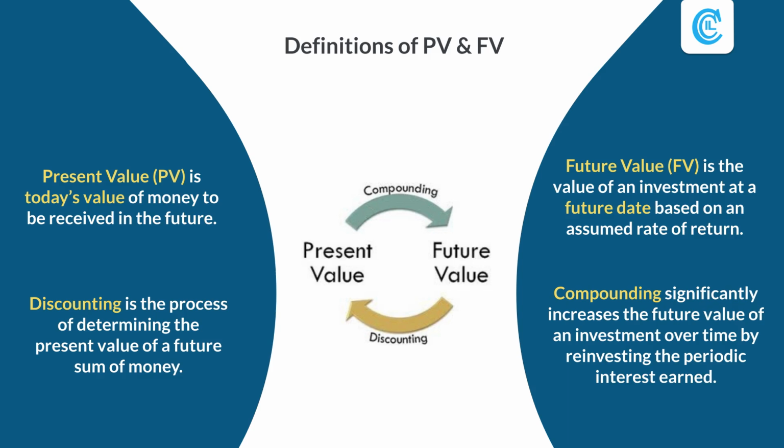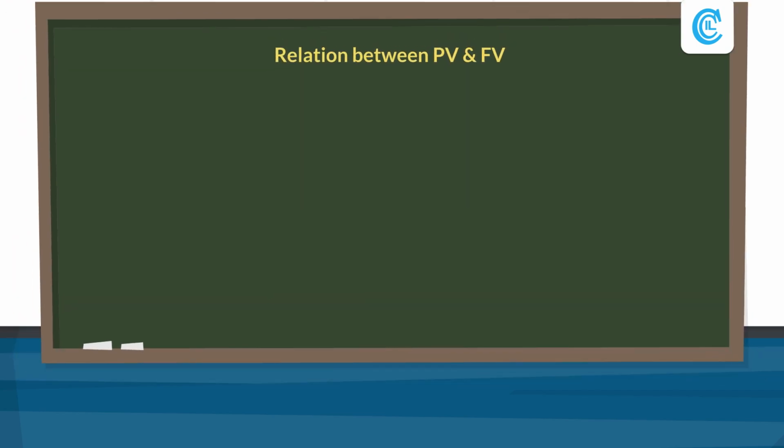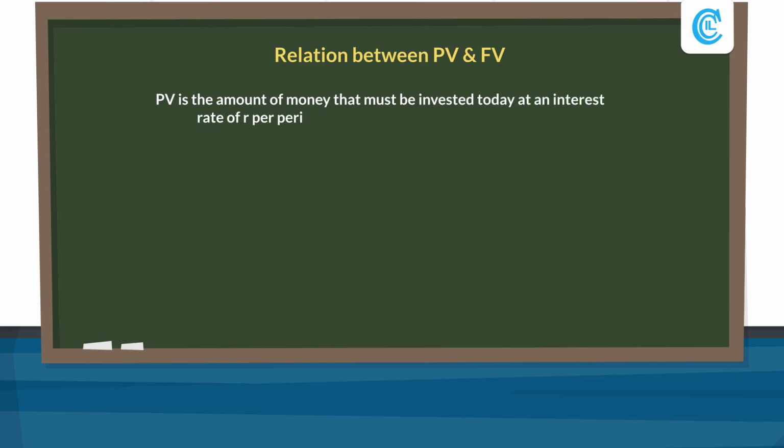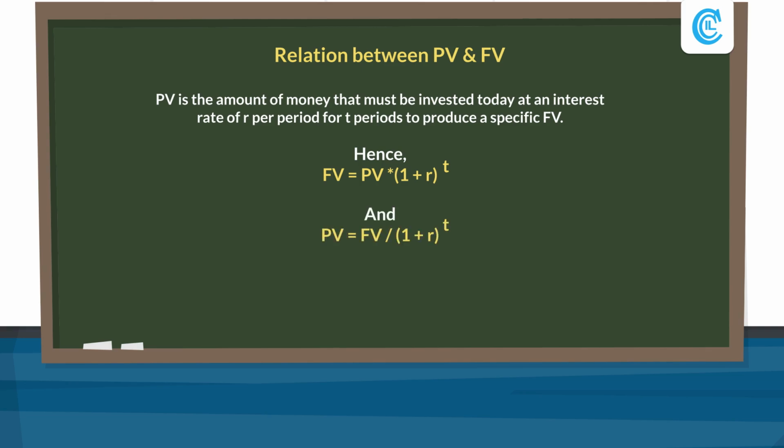Present value and future value are closely related. The present value formula is the core formula for the time value of money. As present value is the amount of money that must be invested today at an interest rate of R per period for T periods to produce a specific future value. Future value can be calculated using this formula. Similarly, the present value can be calculated using this formula.